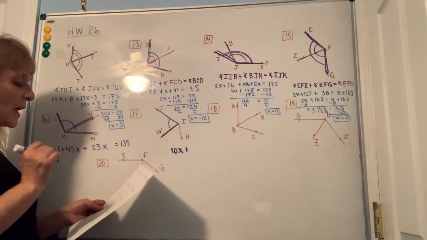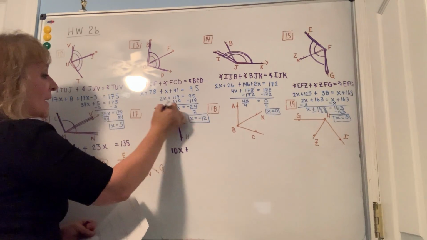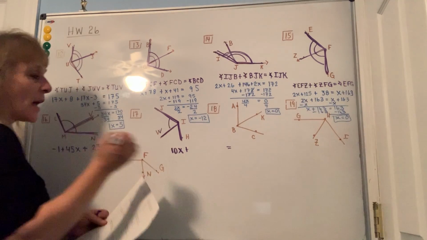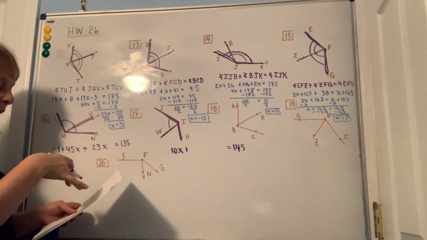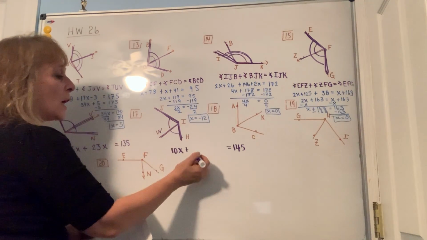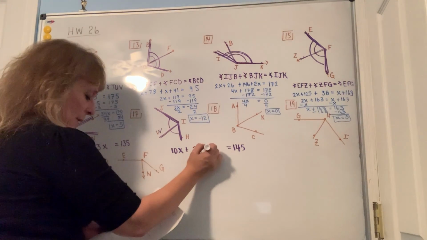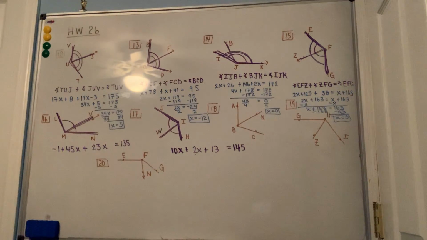So it says HIJ. HIJ is not the small one. That's going to be the answer. That's 145. Then they tell you HIW, the other small one. The two small ones have to be added together, is 2x plus 13. And that's the equation you're going to solve.